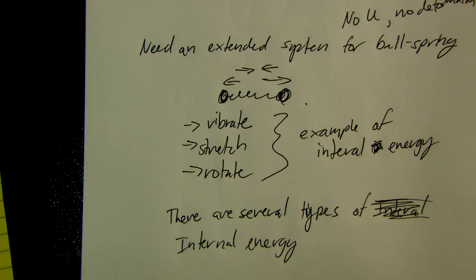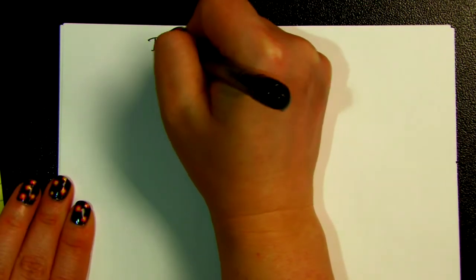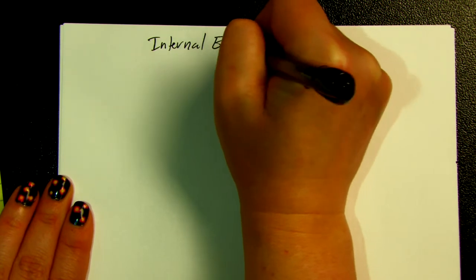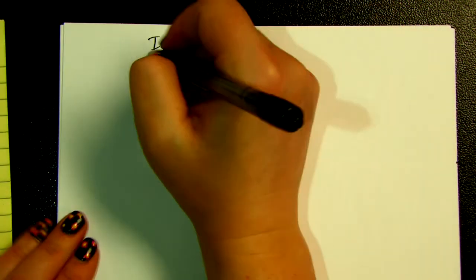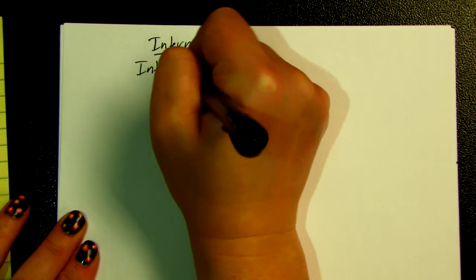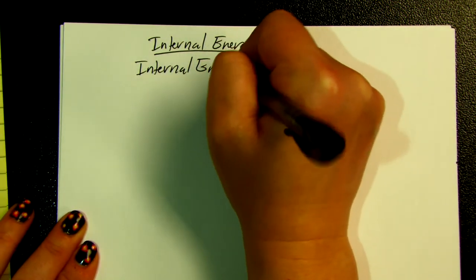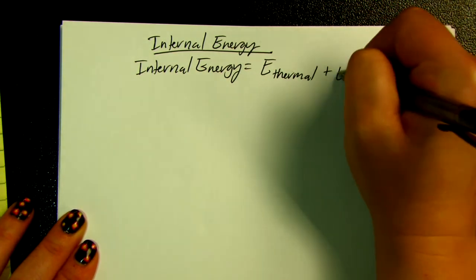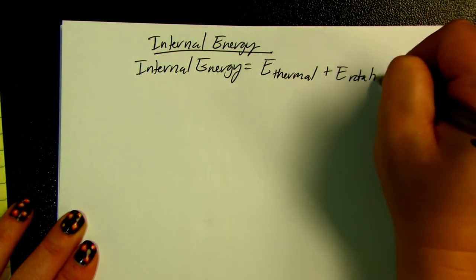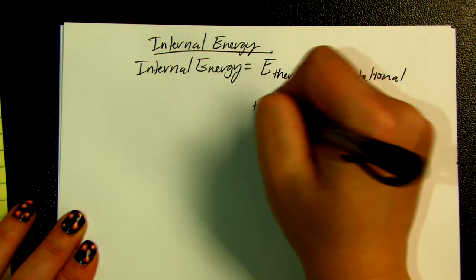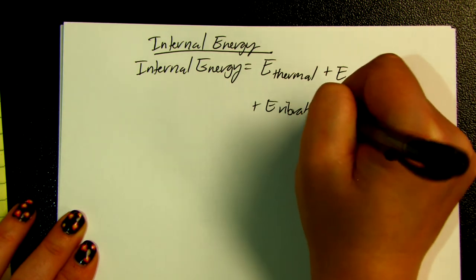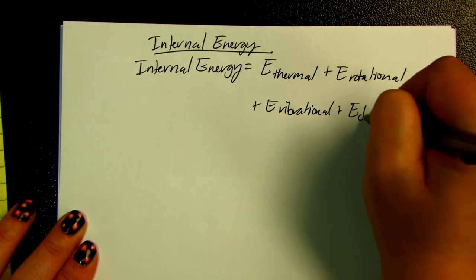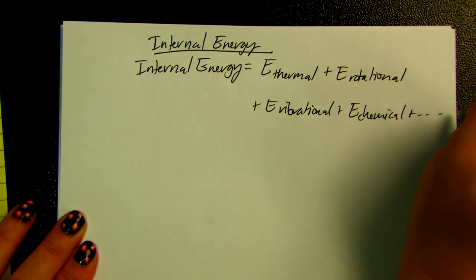Okay, so internal energy equals E thermal plus E rotational plus E vibrational plus E chemical plus, it can go on and on and on.